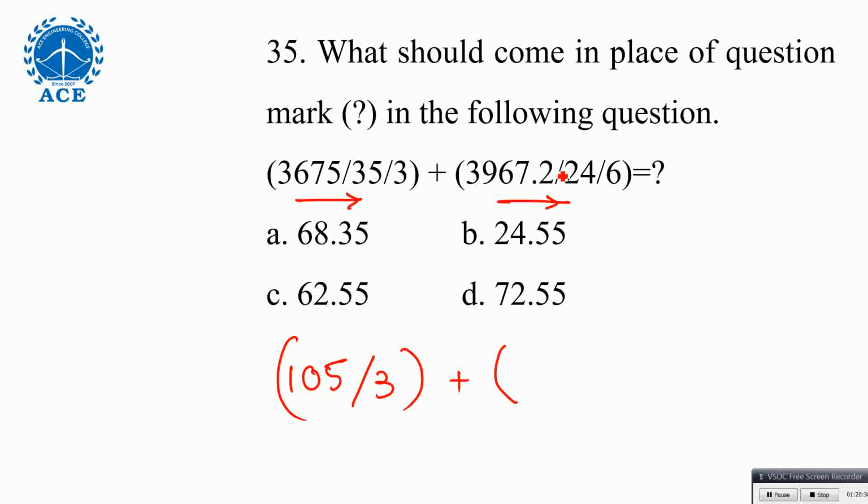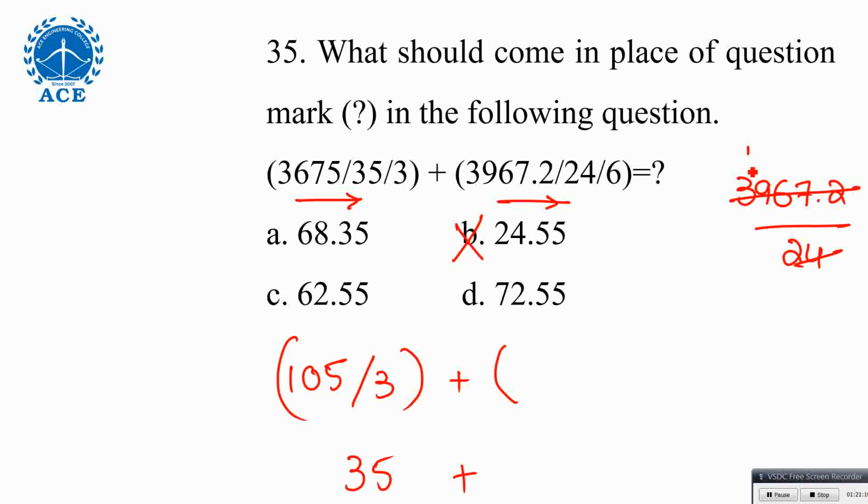Let's first divide this by 24, then divide by 6. It's not 24 here, we got 35 plus. First divide by 24, that's what I clearly informed. Instead of this, we can roughly take 67.2, or if you are taking time, go with the other value also, no problem. Instead of 3967.2, you can take 3968 also.